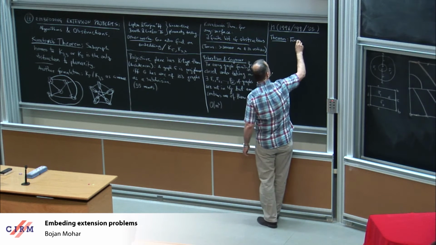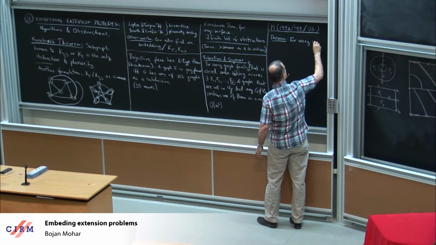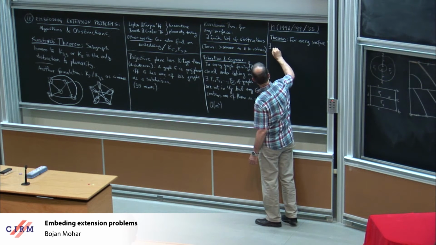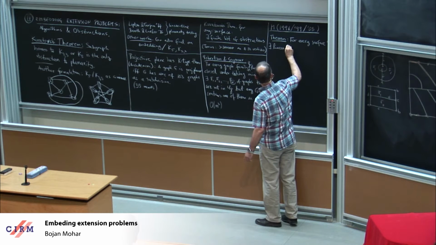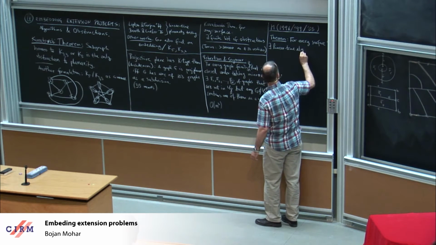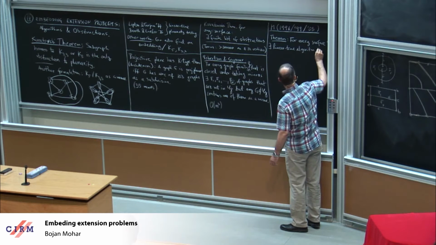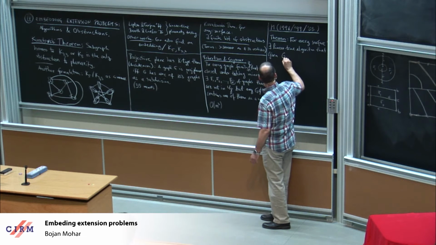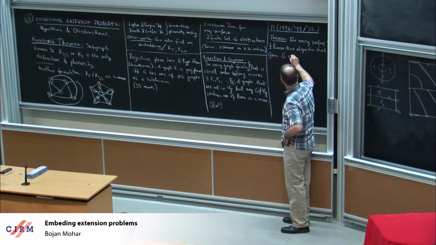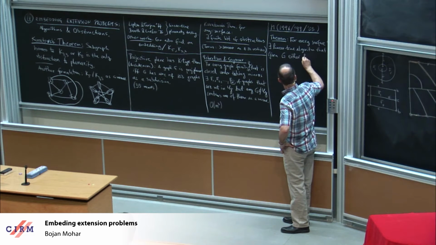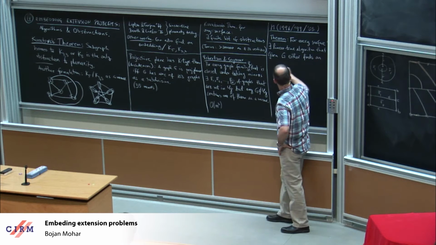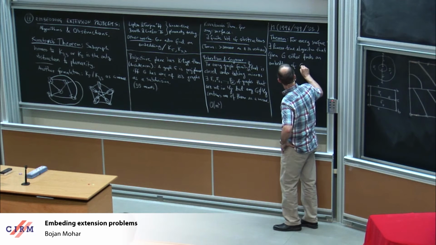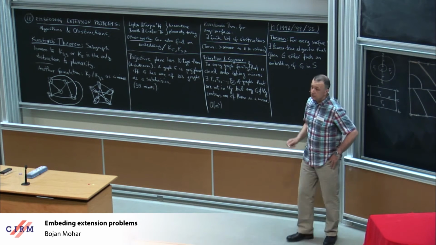For every surface S, there exists a linear time algorithm that, given a graph G, either finds an embedding of G in this surface. So that's one possible outcome.